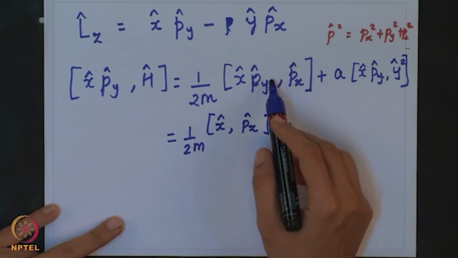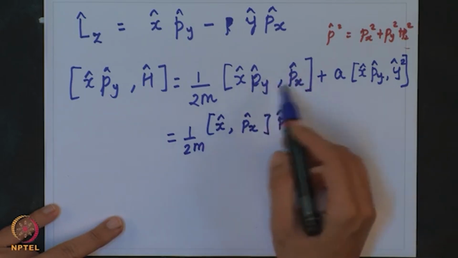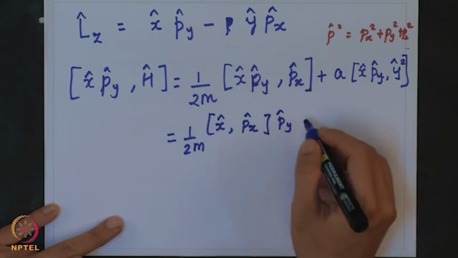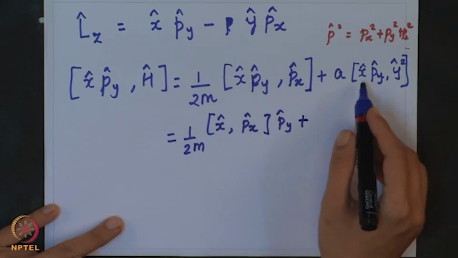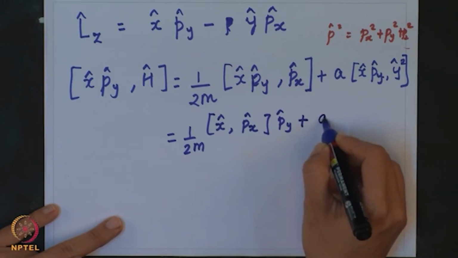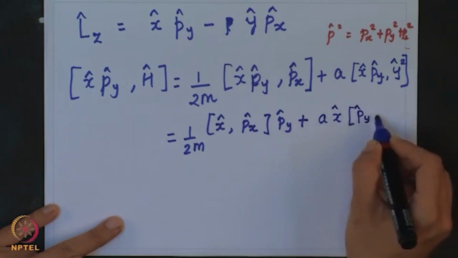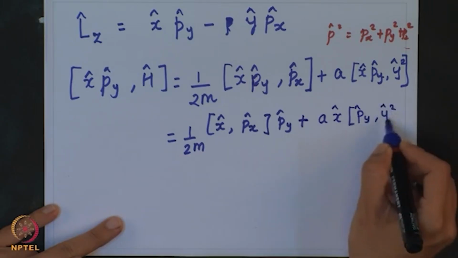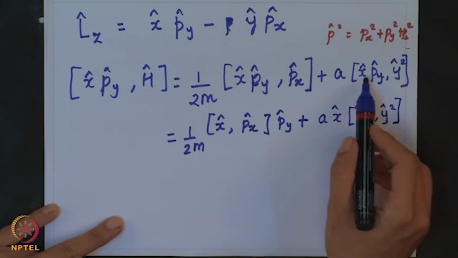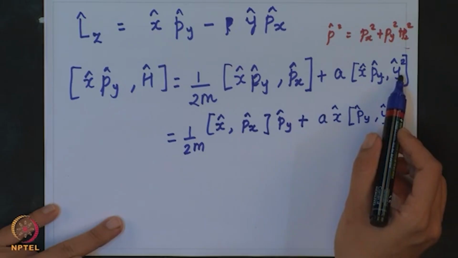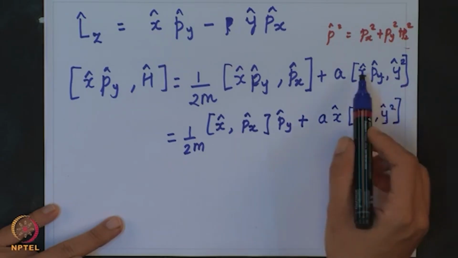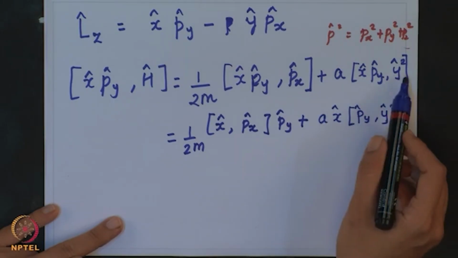So, the second part of this would not show up, there is no contribution. And here we have x times the commutator of p_y with y squared, and again x and y squared commute, the commutator of x and y squared is 0.